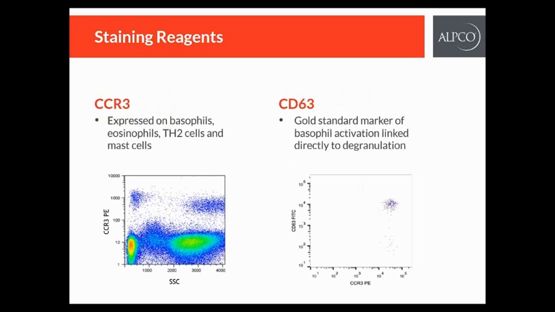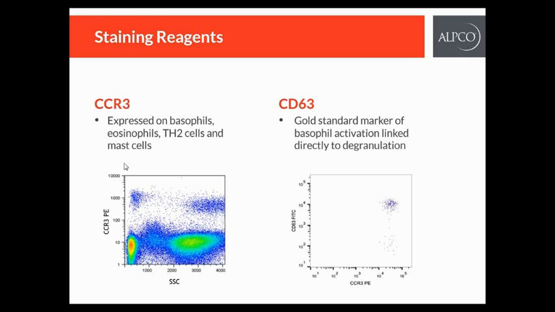The staining reagents that are provided are directed against CCR3 and CD63. CCR3 is expressed on basophils, eosinophils, Th2 cells, and mast cells. So when you're looking at a dot plot generated after flow cytometric analysis, this is the kind of thing that you're going to see when you're staining for CCR3.